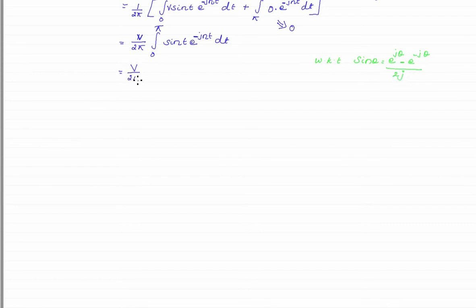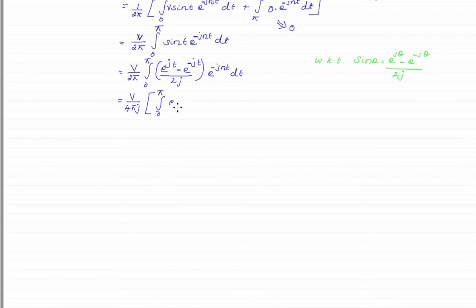In the place of sin t, we are going to take e power jt minus e power minus jt by 2j. In this step, we are going to combine e power jt and e power minus jnt, which is equal to e power jt into 1 minus n.